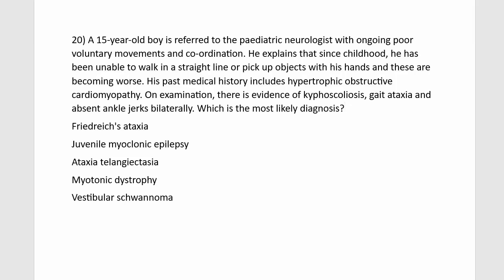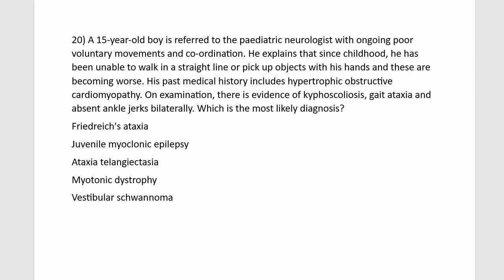Question 20. A 15-year-old boy is referred to the pediatric neurologist with ongoing poor voluntary movements and coordination. He explains that since childhood, he has been unable to walk in a straight line or pick up objects with his hands, and these symptoms are becoming worse. His past medical history includes hypertrophic obstructive cardiomyopathy, so that's when you get muscle growth in your heart, which makes it more difficult to pass blood through.